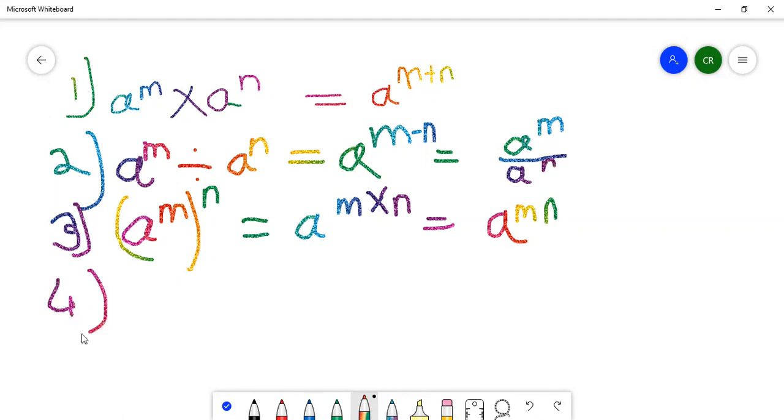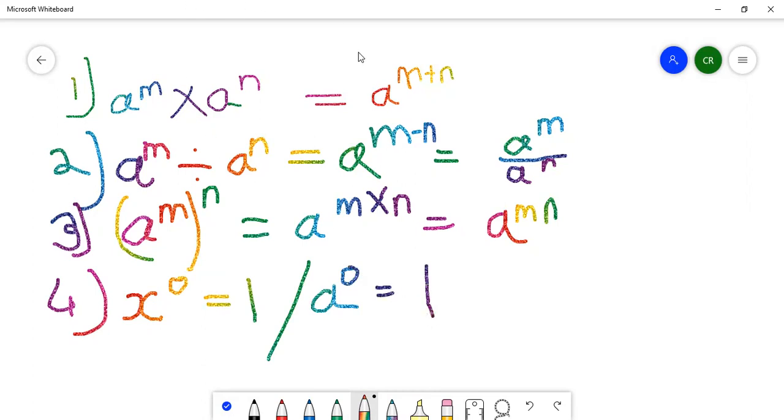Fourth law. Does anyone remember the fourth law? Yeah, it was the zero property. The zero property was x to the power 0 is equal to 1, or a to the power 0 is 1.